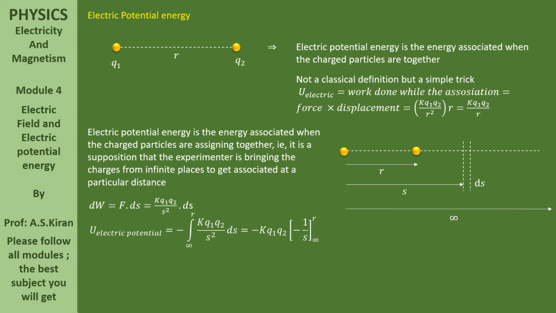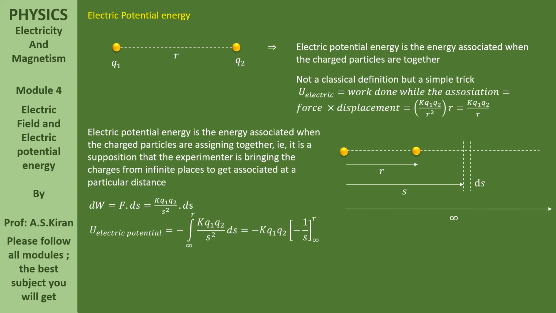Applying the limits, you may have a doubt that the smaller thing must be the lower limit and the higher thing must be the upper limit. No, it's not like that. Where is the particle from? From infinite places, that is the initial limit. To what distance is it positioned?